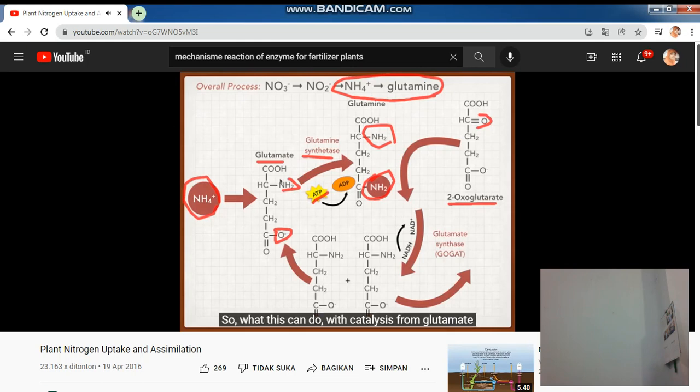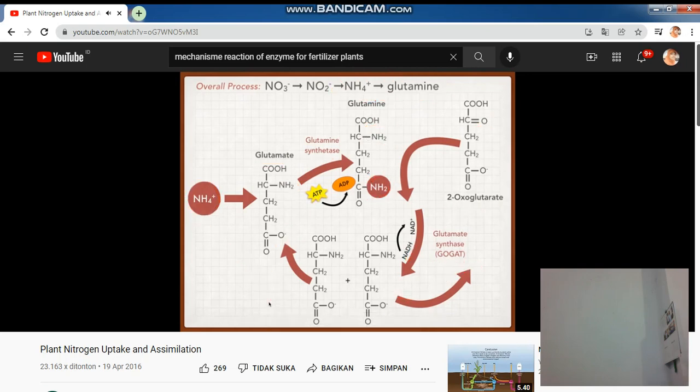So what this can do with catalysis from glutamate synthase and energy from NADH or ferredoxin is to replace that carbonyl group with one of the two amino groups from glutamine. So that produces two glutamate molecules. One of those glutamate molecules is the product of the reaction, and the other is used to combine with another molecule of ammonium to start the cycle all over again.